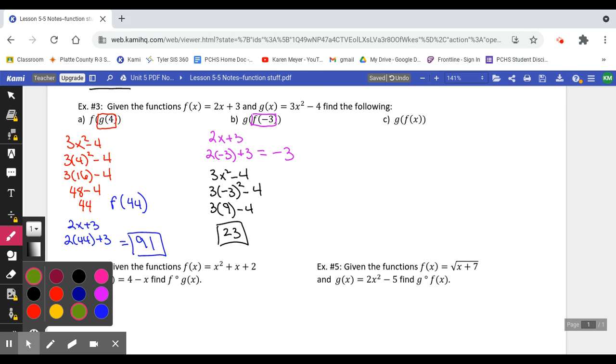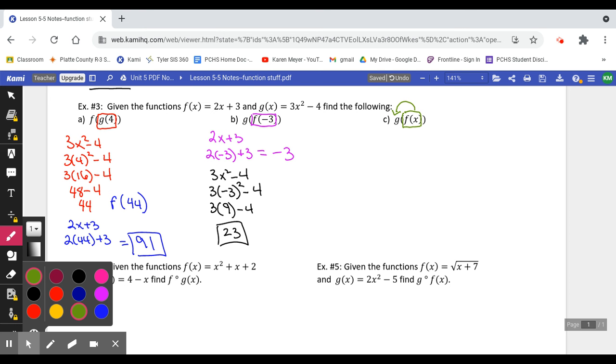Okay, so now with no numbers. We're leaving x as x. You're going to start with the inside function, which is f of x, and your job is to take that function and place it into the outside one. If you remember when you were doing systems and we talked about substituting, that's essentially what we're doing.